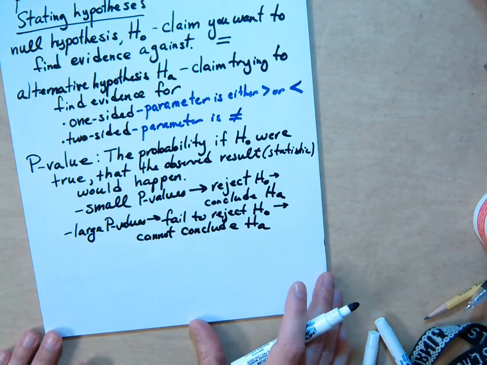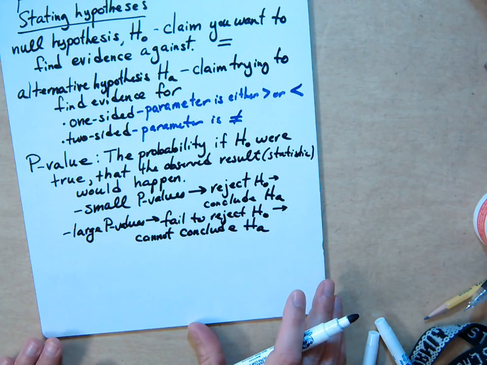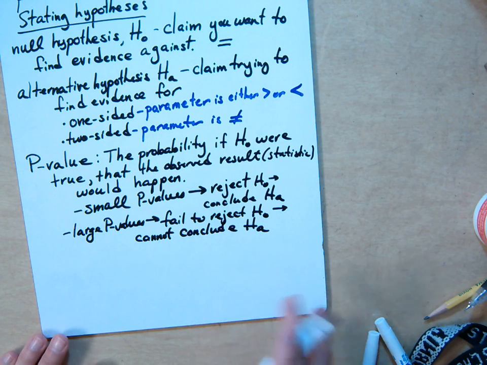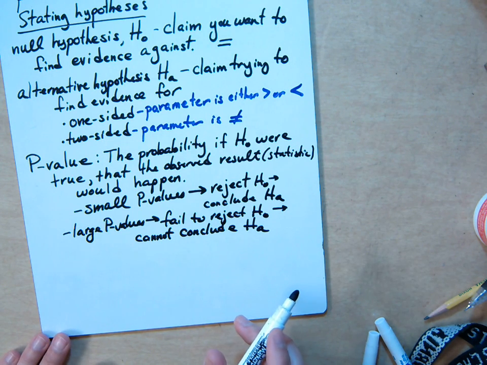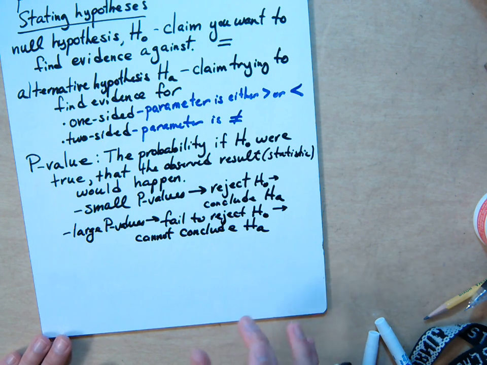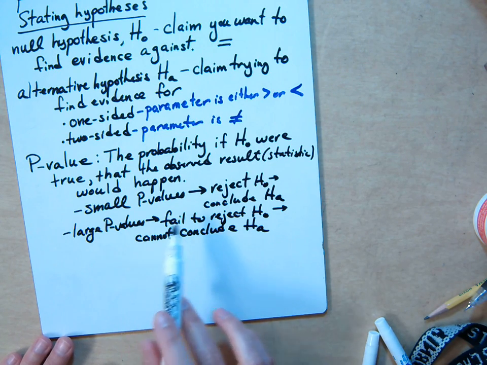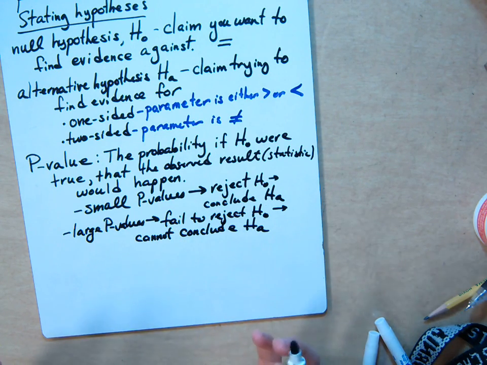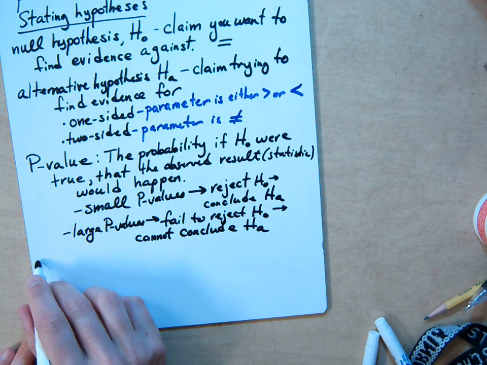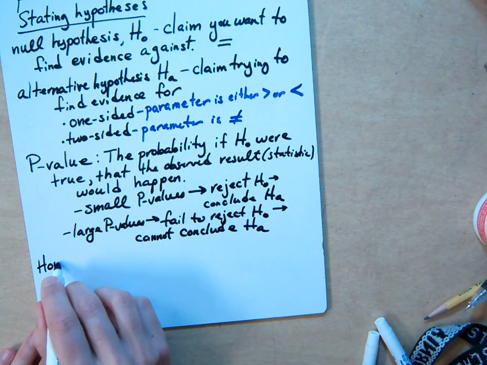Again, you really have to see how all this fits in an example, and we will get there. So then the question is, how small a p-value is needed? Because we said if the p-value is small, we could reject H0. So how small? Well, that's when we get into the significance level.